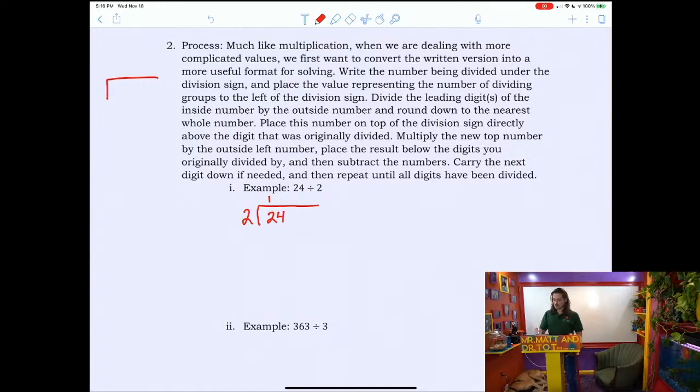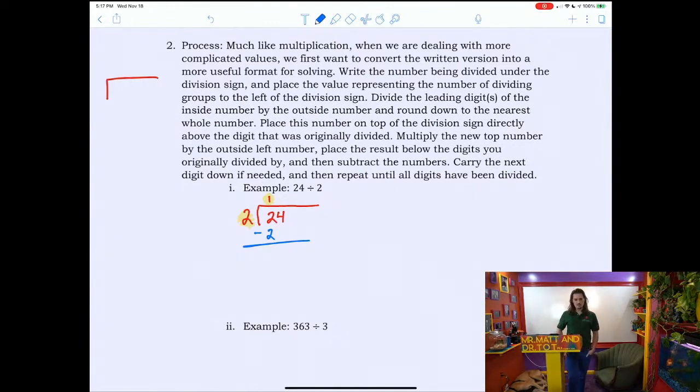Now I'm going to multiply this new value that I've written above the original digit I divided into by the number on the outside. So I'm going to have 1 times 2. 1 times 2 is 2. So I write that underneath of the value here, and we're going to subtract.